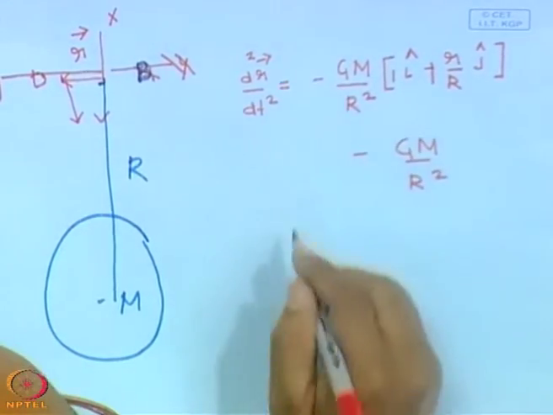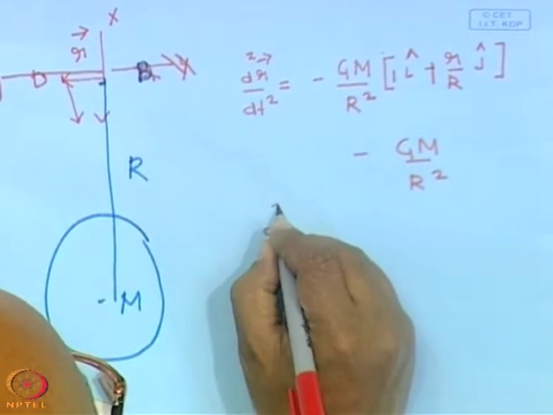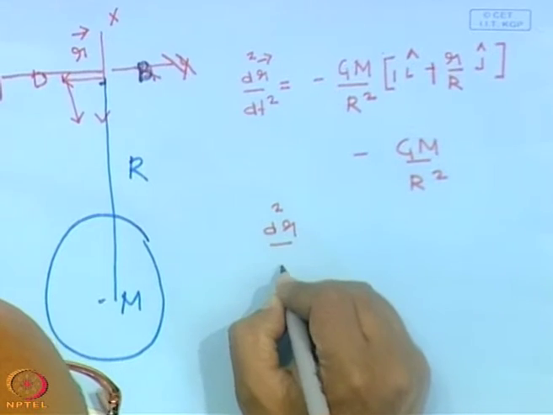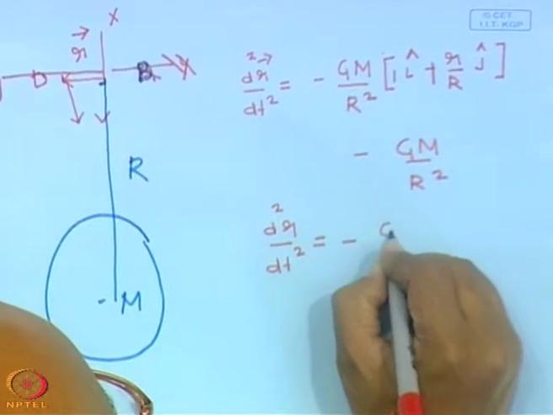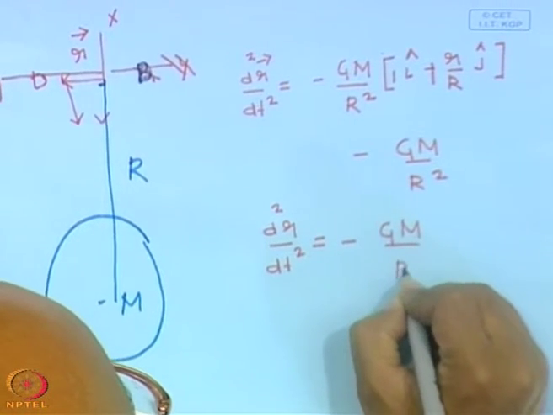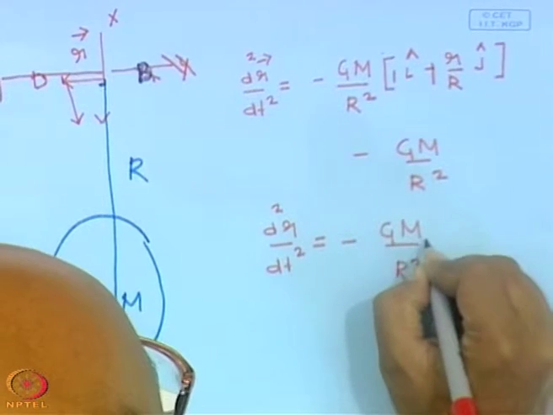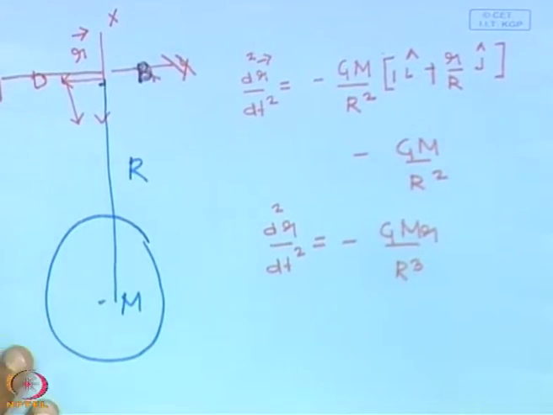Now, when you add these two components, what you are left with is d square r by dt square is equal to minus g m by r cube into r, and this is only along the y direction, the x component cancels out.